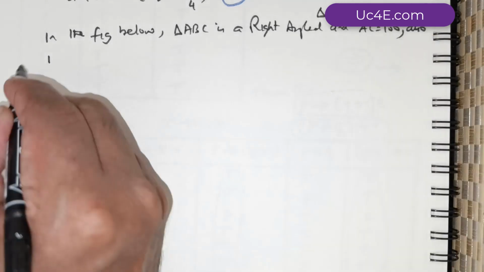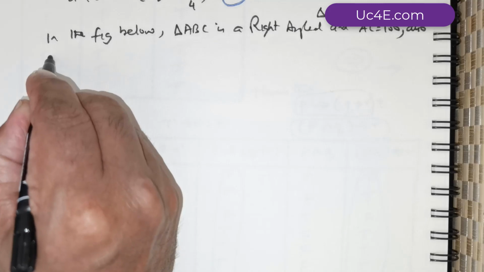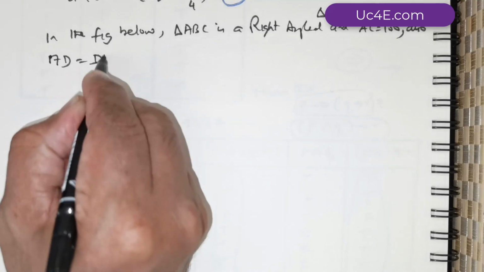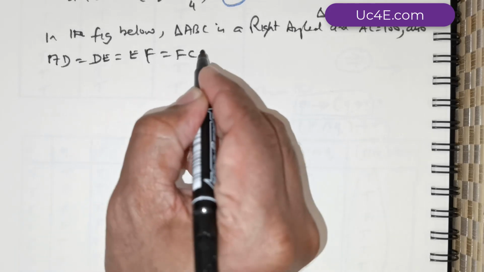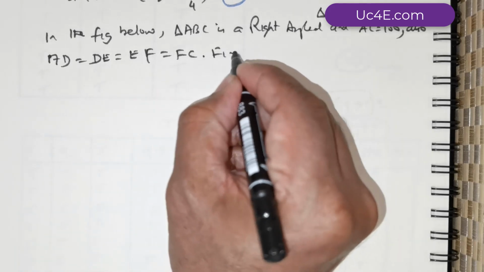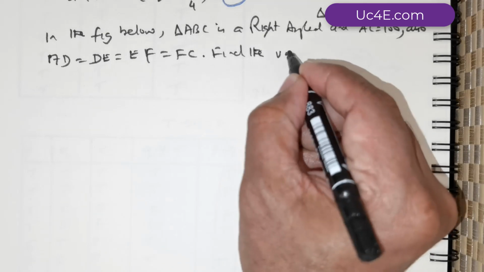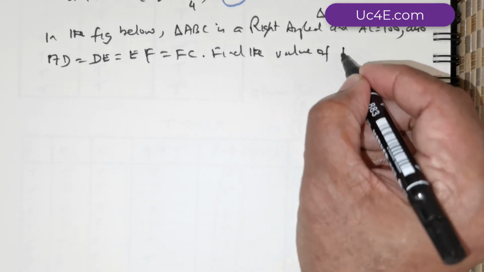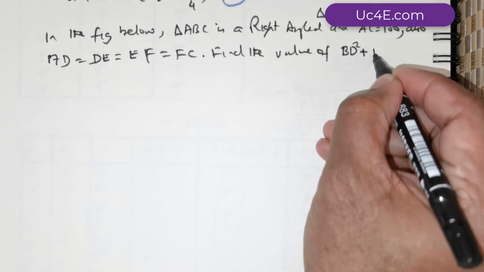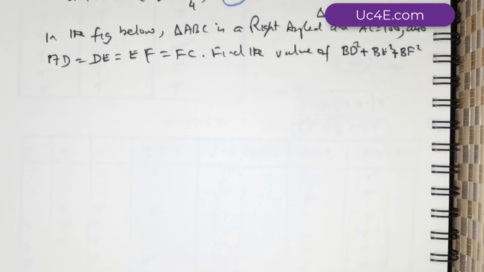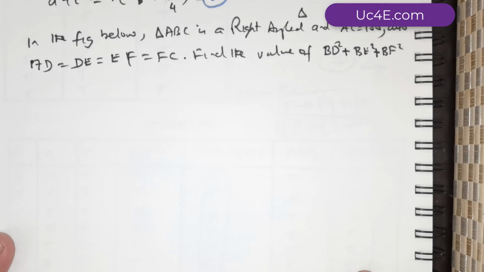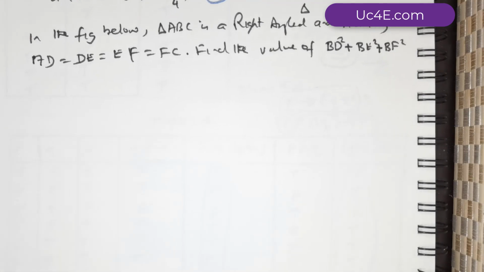Also, we've been given that AD is equal to DE is equal to EF is equal to FC. We are expected to find the value of BD squared plus BE squared plus BF squared. So this is required. Now let me draw the figure.